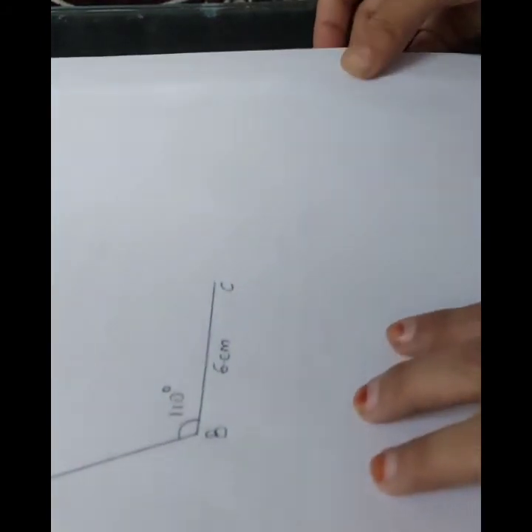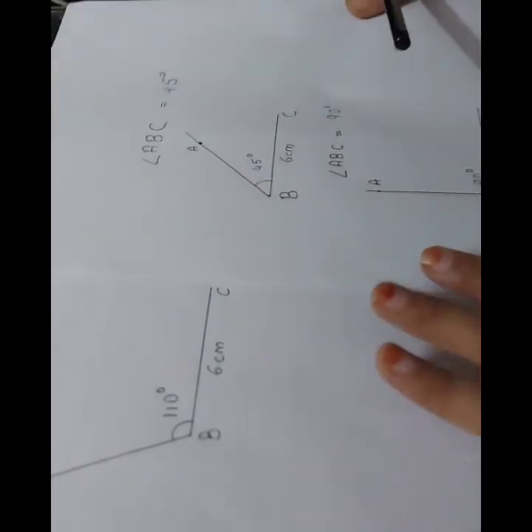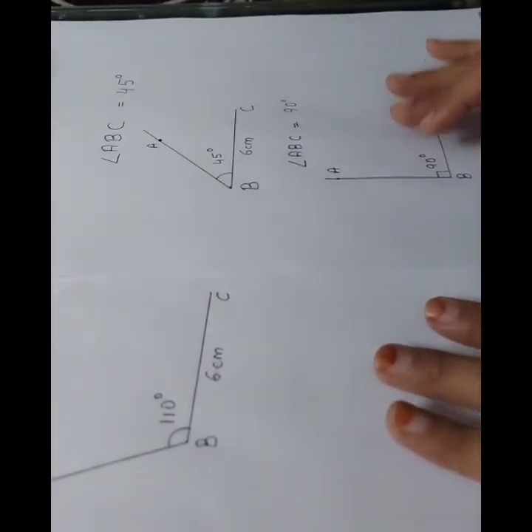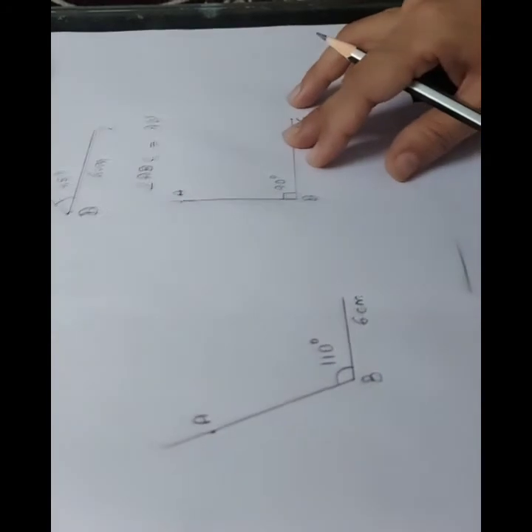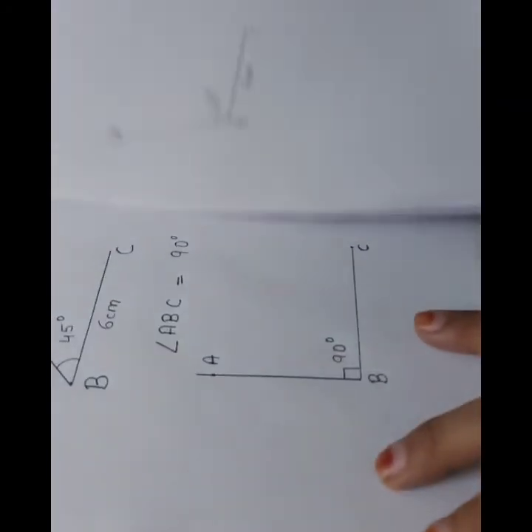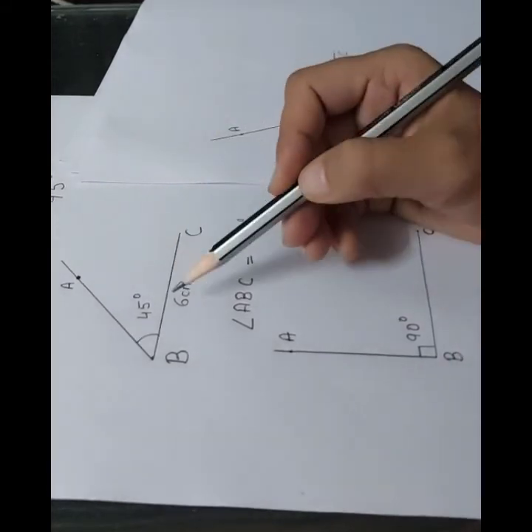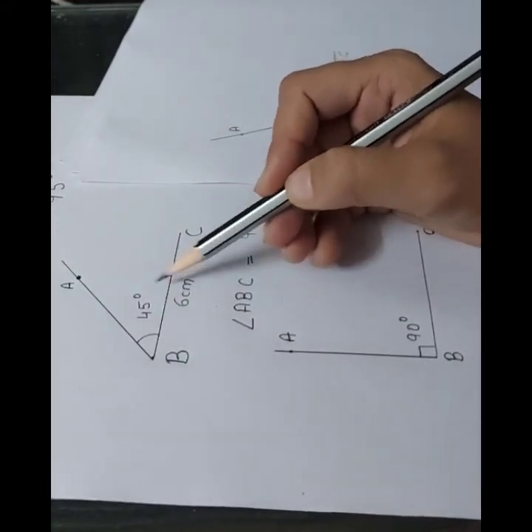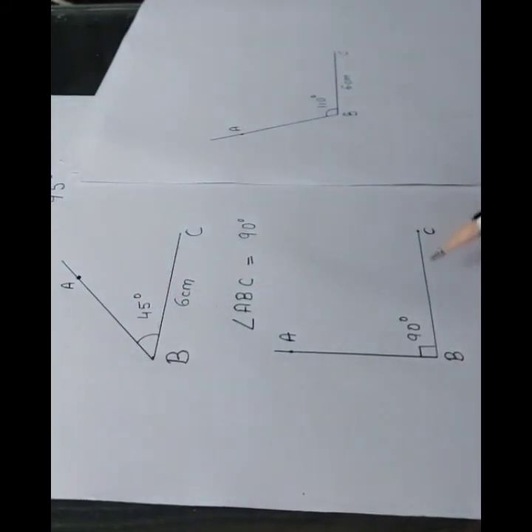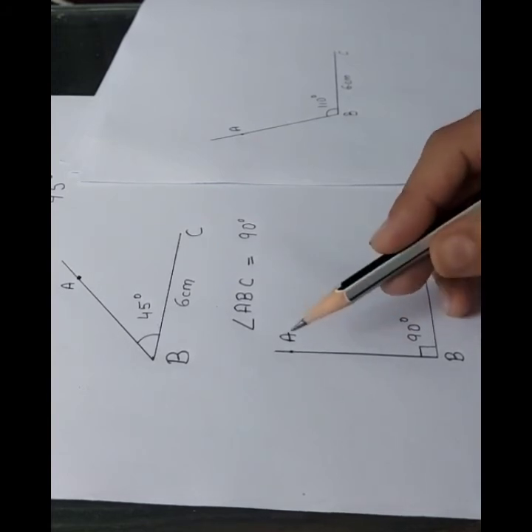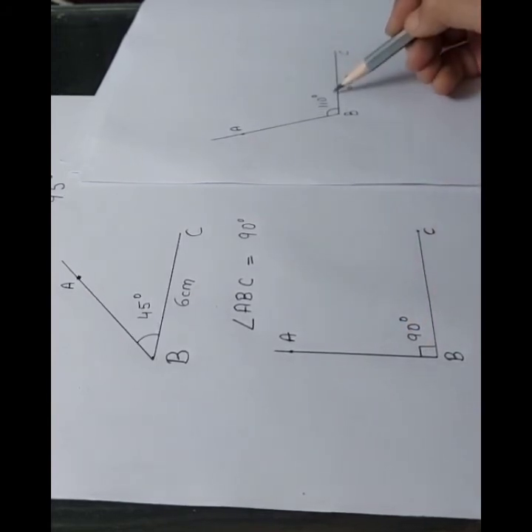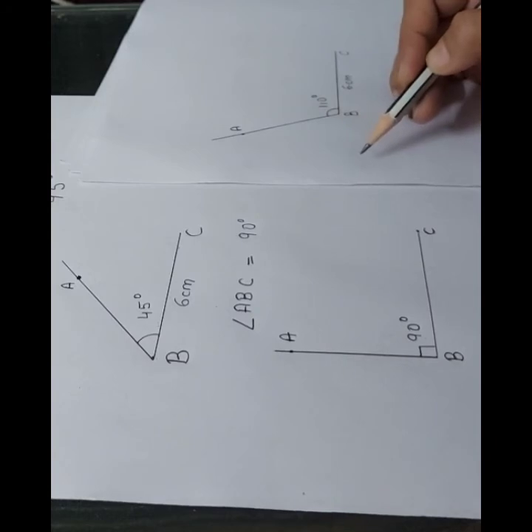Now let me show you all three of these constructions, right? If you compare these three, you can see when it was 45 degrees, a little bit of mouth was open, correct? When it was 90 degrees, it was upright, straight, and when it is 110, it has moved a little bit more.